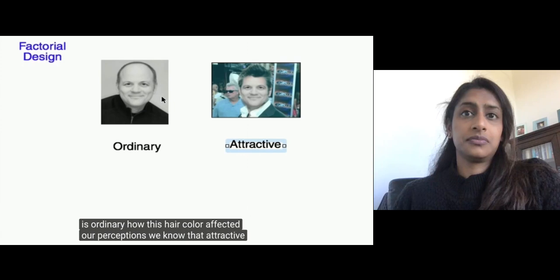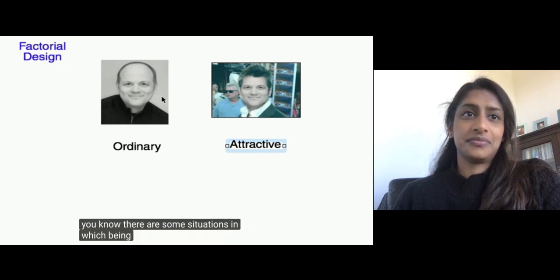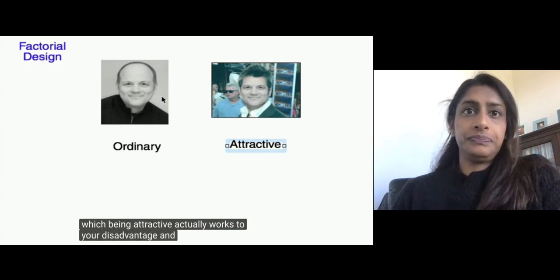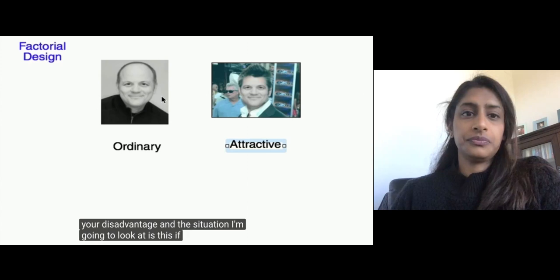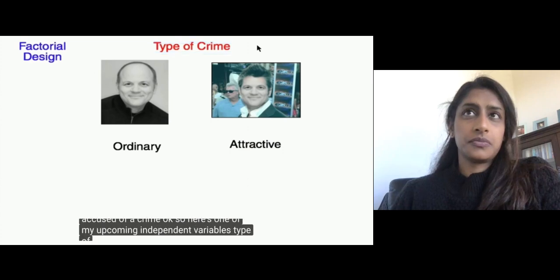We know that attractive people are afforded all kinds of advantages in our society. However, did you know there are some situations in which being attractive actually works to your disadvantage? And the situation I'm going to look at is this. If you are accused of a crime, okay, so here's one of my upcoming independent variables, type of crime.